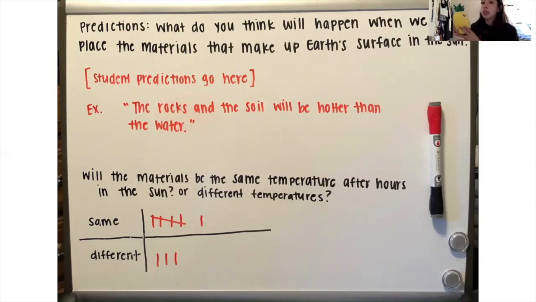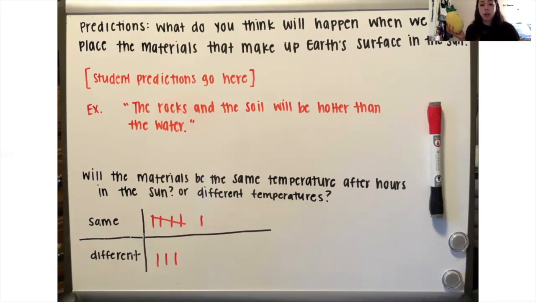They could also say that all of the materials will be the same temperature at the end that they were in the beginning. Or they could even say all of the materials heat up the same. So even though they were different temperatures in the morning, they're all the same temperature in the afternoon, meaning they're around the same heat temperature.